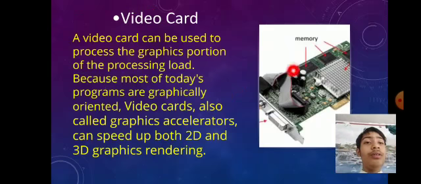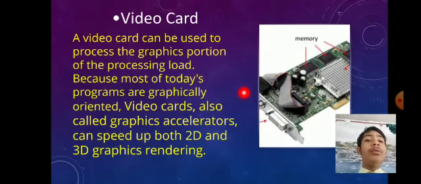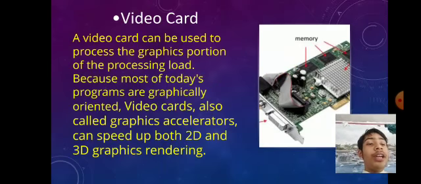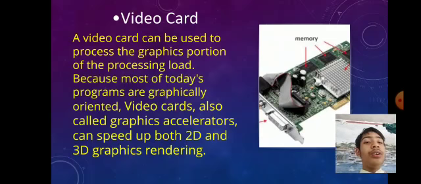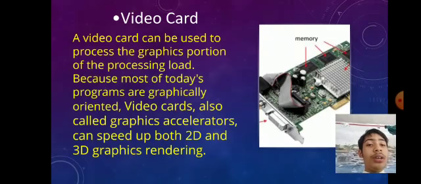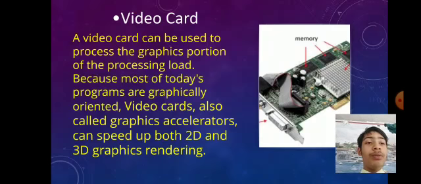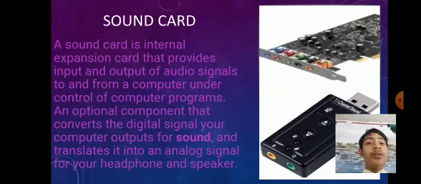Now here you can see the video card. A video card is a card used to process data related to graphics, and nowadays it is very basic to use because most programs are video oriented, and it speeds up both 2D and 3D graphics. Here is the diagram of a video card. Now the sound card.